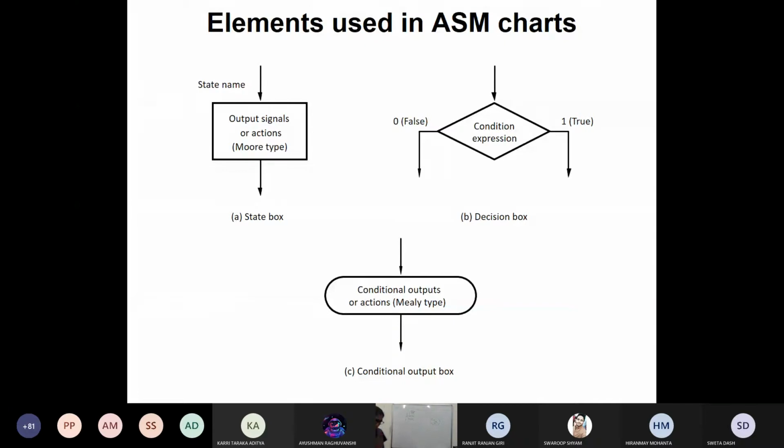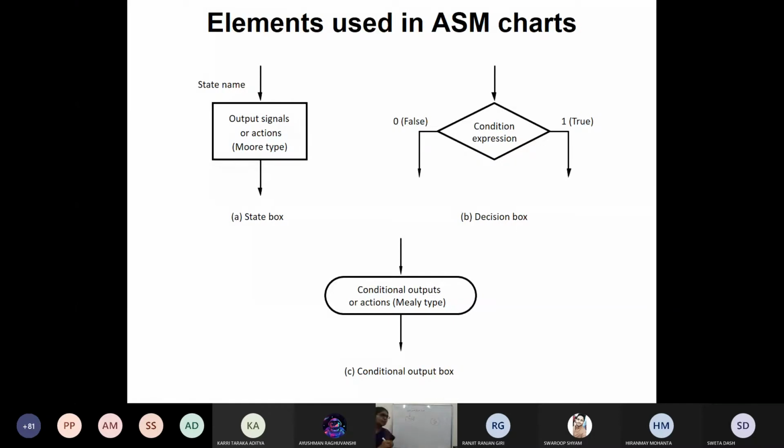Do you agree? So the entry path, which is shown here, we will call the entry path or data path. This is how we show the state name.